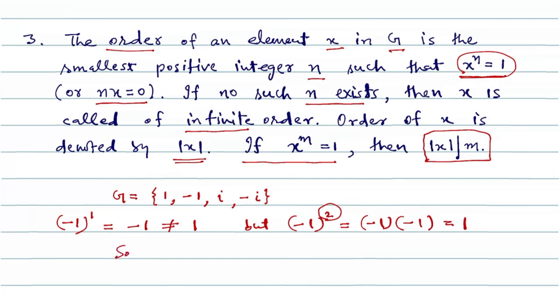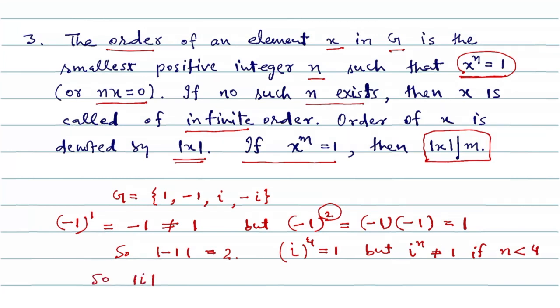So we can say that order of minus 1 is 2. Similarly, if we take this element iota, then we can make iota raised to power 4 equal to 1. But iota raised to power n is not 1 if n is strictly less than 4. That means iota to the power 1, 2 or 3 is not 1. So order of iota is 4.